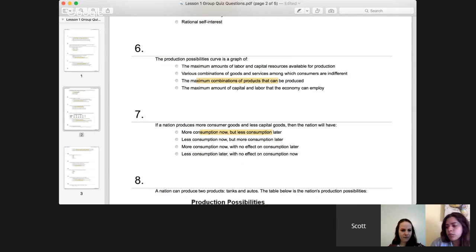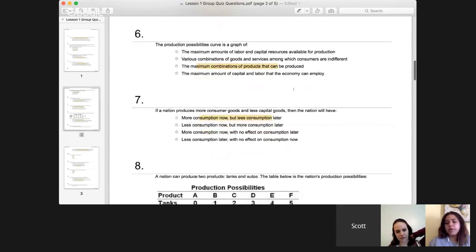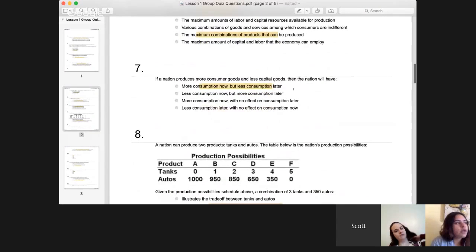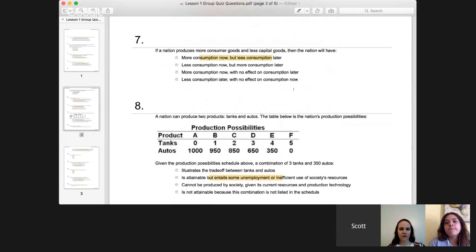It's showing the different combinations, like the maximum combinations of products that can be produced. So I think it's C. Is that what you had? Yeah, that's what I had. Okay, cool. Perfect.